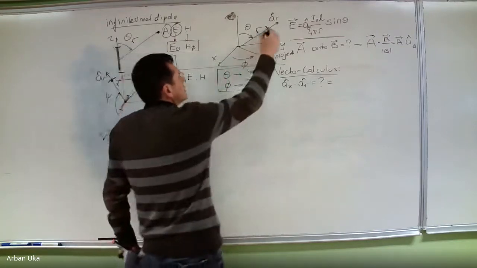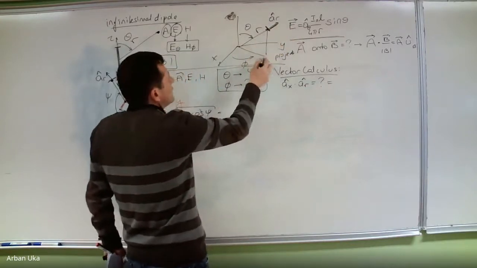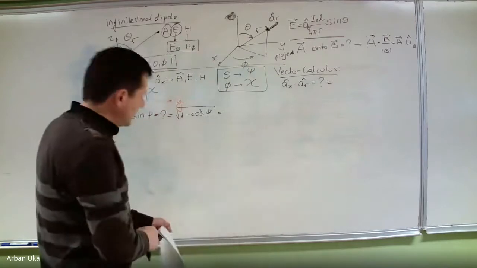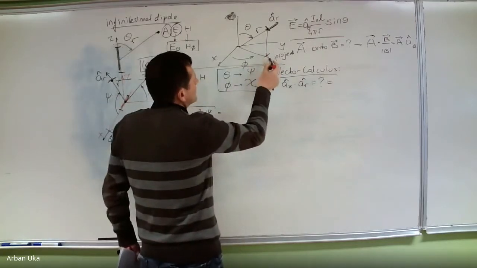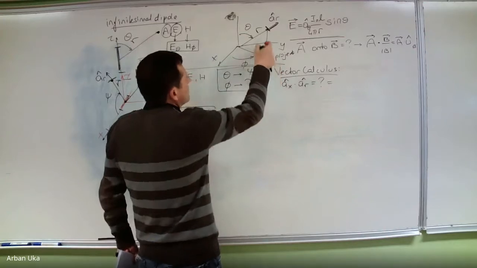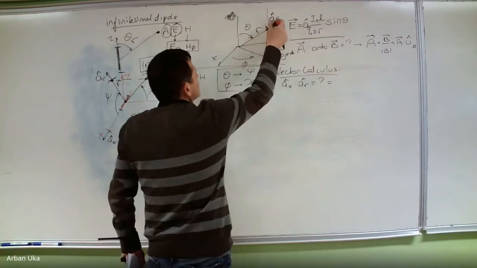For a moment, this is AR. What is the projection of AR onto the XY plane? The projection of AR onto the XY plane is this vector. It's shorter. By how much? This is theta again, right?